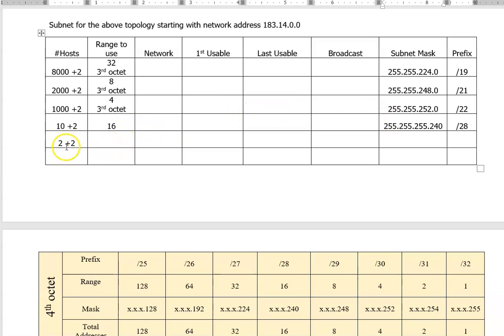Finally, for 2 hosts, 2 plus 2 is 4. We use a range of 4 in the fourth octet. Prefix is 30, and the subnet mask is 255.255.255.252.